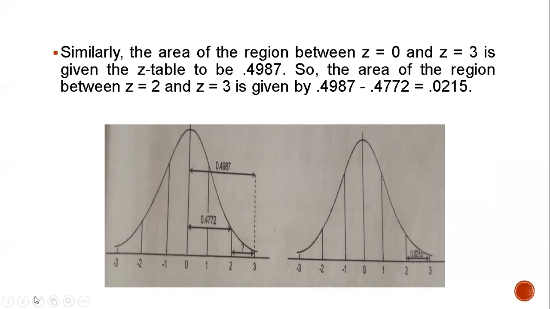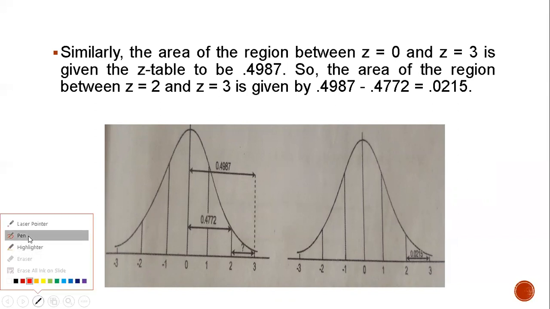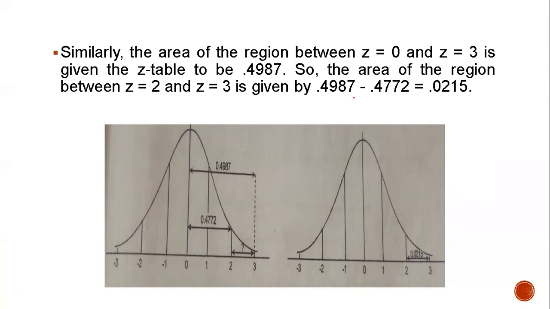Ayan na yung given natin. Yun yung sakop niya from 0 hanggang 3, ayan, sa taas. Ang sunod na kinuha natin ay saan galing to si 0.4772? Doon siya galing sa 0 hanggang 2 naman. Ito yung given niya.